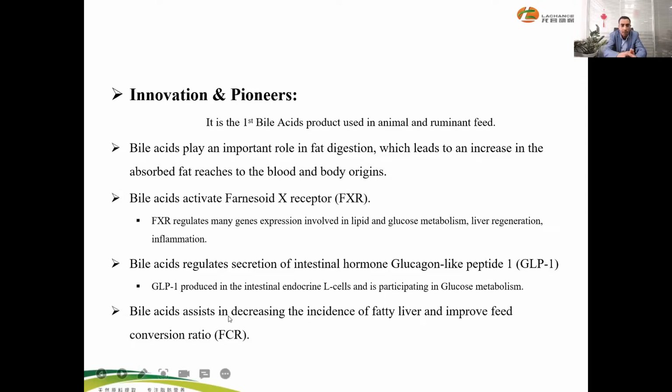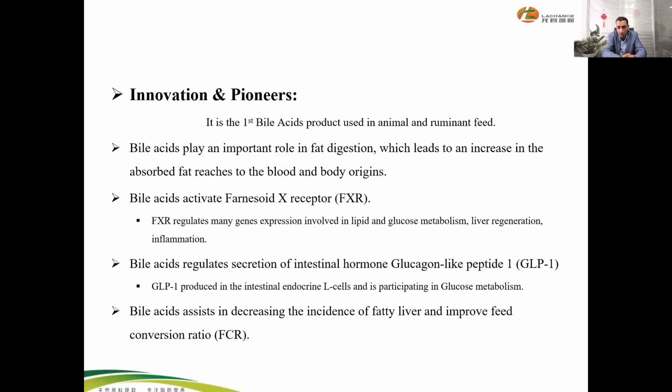Second, bile acid also regulates secretion of intestinal hormone. The important one, which was also just discovered about four or five years ago, is named glucagon-like peptide 1, abbreviated GLP-1. What is the main function of GLP-1?